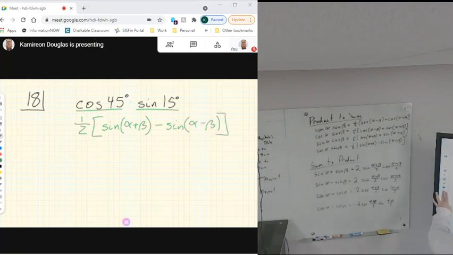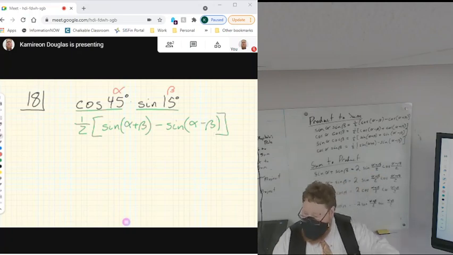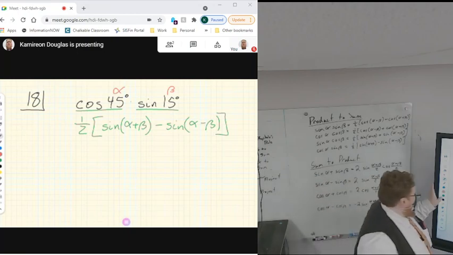From here, I plug in my two things. I have an alpha, that's 45 degrees, a beta, that is 15 degrees. And if I do this correctly, my results should have two pieces that are on the unit circle, which is my goal. Here we go. 1/2.